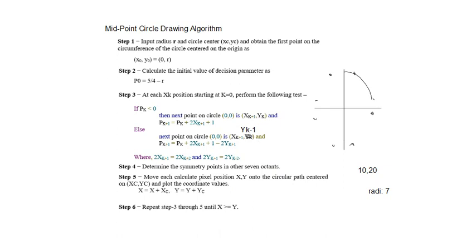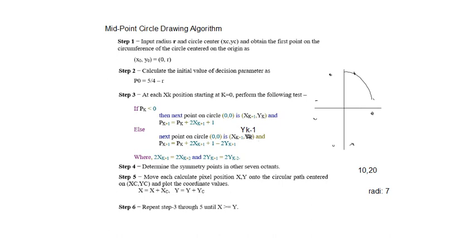Now we have 8 points: one we have calculated through our condition check, and the other 7 through symmetry. So move each calculated pixel position (x, y) onto the circular path centered on (xc, yc).